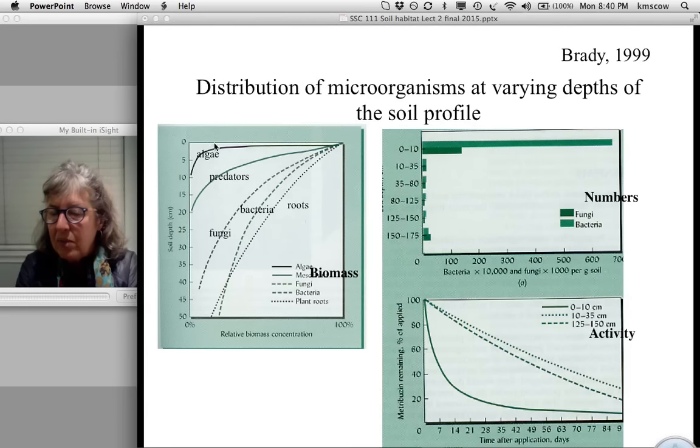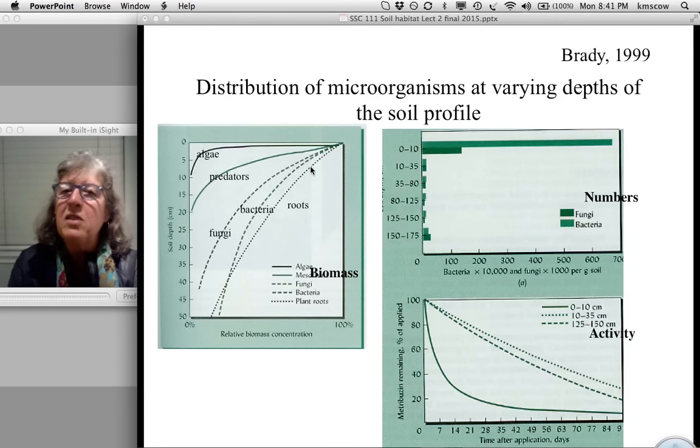The algae drop right off, the protozoa drop off, the bacteria and fungi are going to go deeper in the soil. I don't know if the predators quite drop off that much, but you can see in general you're going to have most of your microbial biomass at the surface of the soil, and by the time you get down to, I would say, 10-15 centimeter rule of thumb, does depend on the soil, but you're going to already experience a big drop in the biomass as you go deeper.